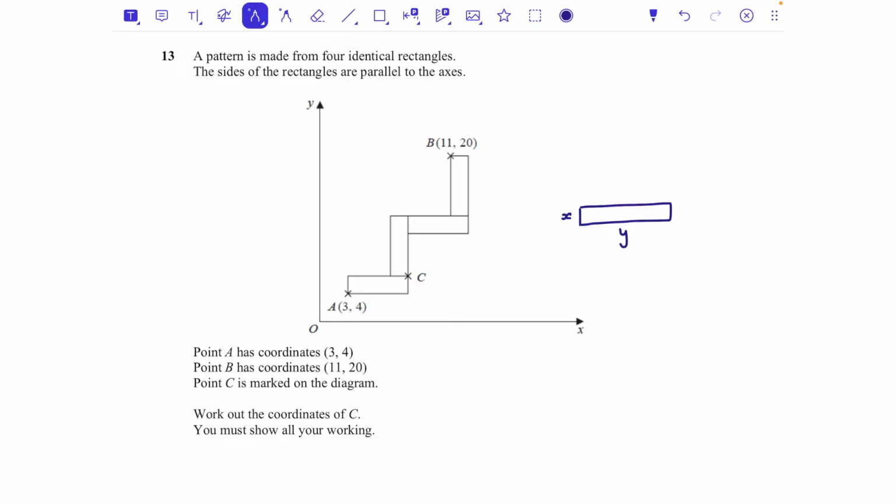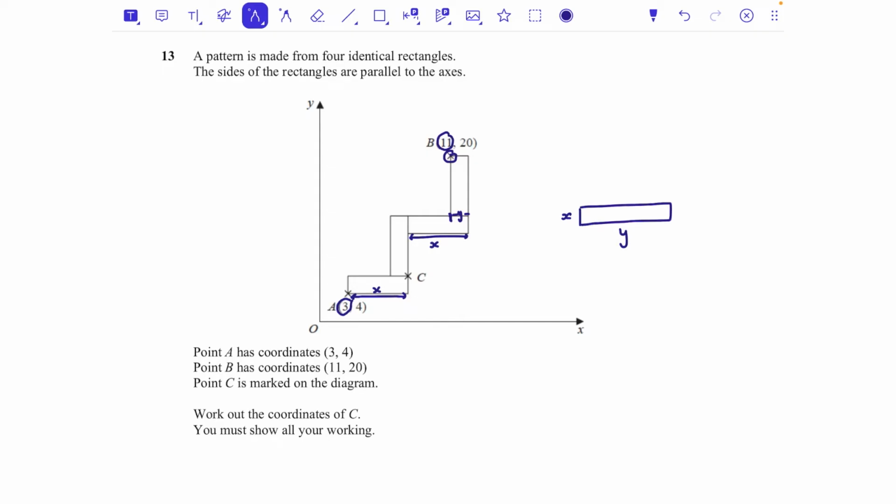Okay, so we know that to get from here across to here, that's going to be an X. And then from here across to here, that's also going to be X. However, I only want to go across to this point, which is going to be 11 from 3. So I only want to come across to here. So I actually want to take Y back off. Okay, so I'm getting an expression from 3 over to 11.